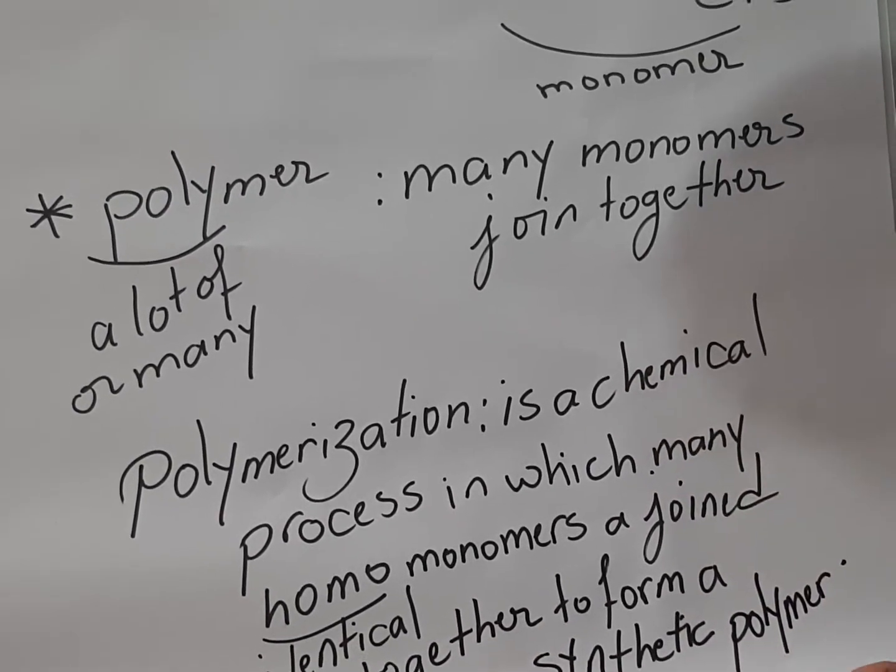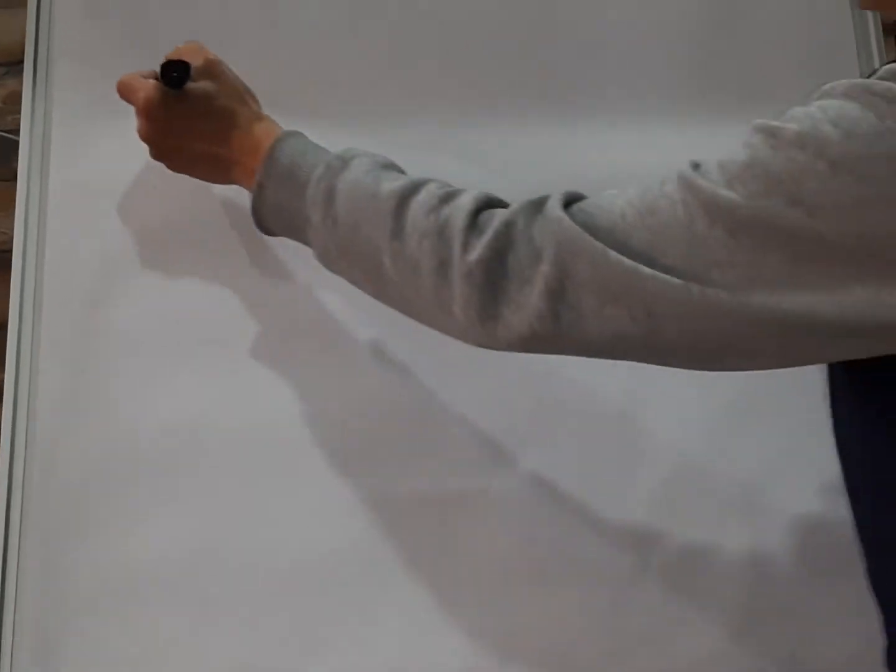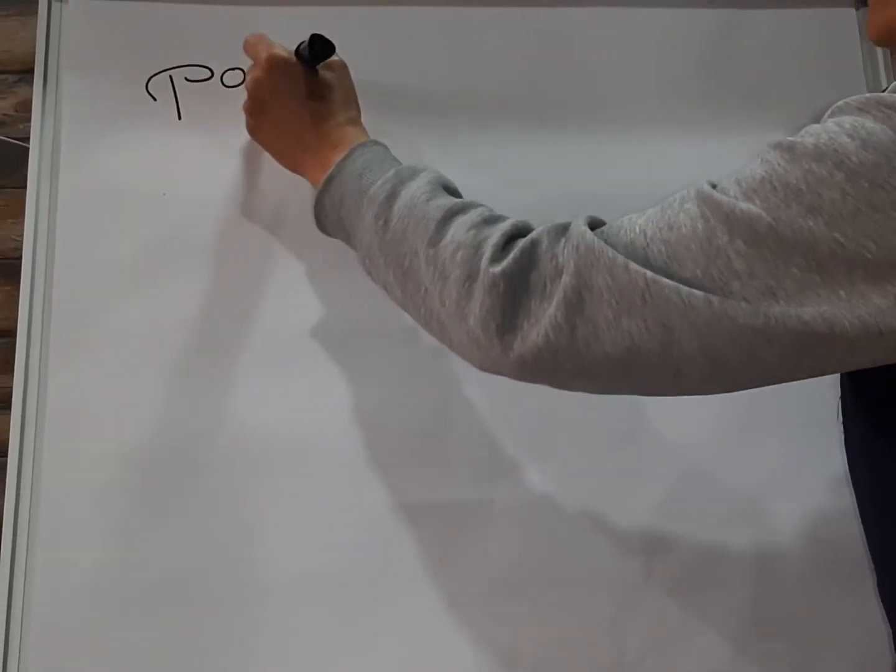What's the meaning of homo? Homo means identical. How does this happen? Let's carry out the polymerization of ethene.